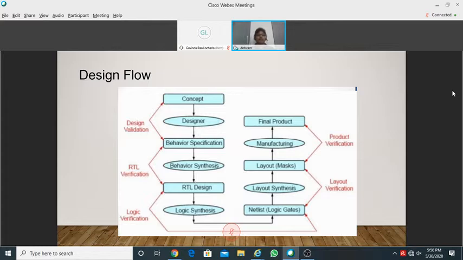But before the RTL design stage comes, from concept to behavioral synthesis is where a lot of specification evolution happens. For example, I want an SOC which can support USB 4, or it can support PCI Gen 6, or it has to support a display which is 4K or 8K.